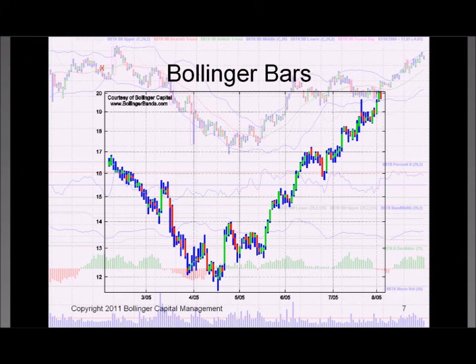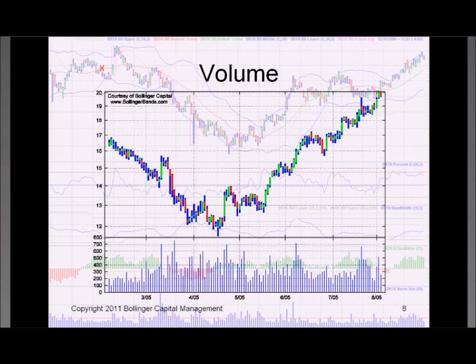So I've adopted this as my charting style of choice. So the first thing that we're going to add to this chart is a moving average that will give us some sense of the trend of what's going on here.